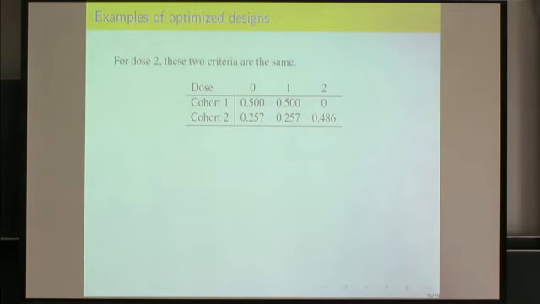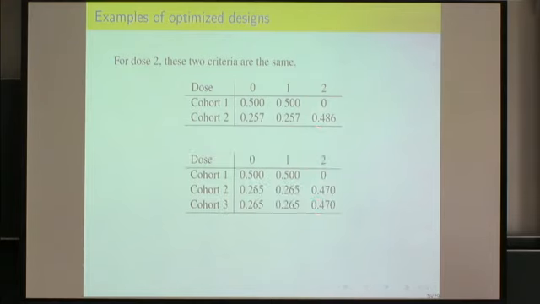So again, just a couple of small examples, and I'm going to really cheat. If I stop at dose 2, then Vlad's and Val's criteria are the same, so I don't have to show you the different thing. And it's similar to what we've seen before, but a bit different. That's a bit less than a half.